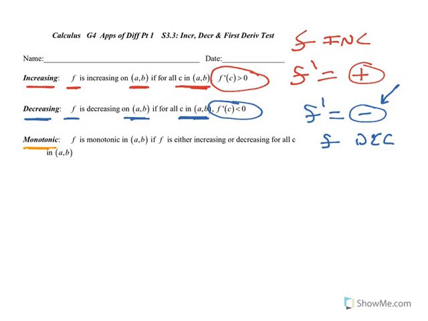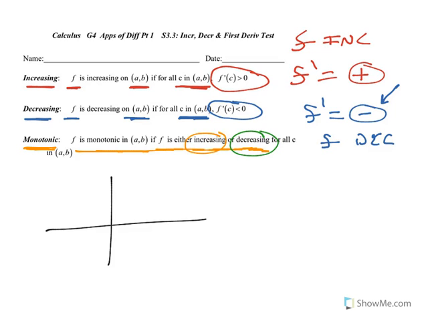And the third note, a function is considered monotonic if it doesn't change its increasing or decreasing behavior. So if something is always going up or if something is always going down, then we would consider that monotonic. So a linear function is a good example of a monotonic function.